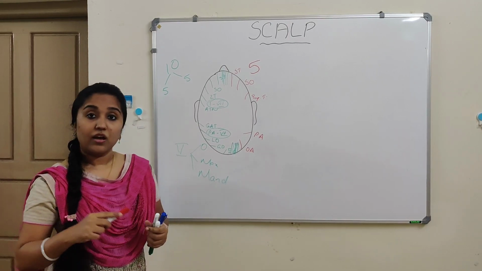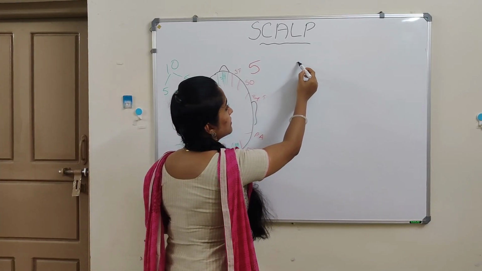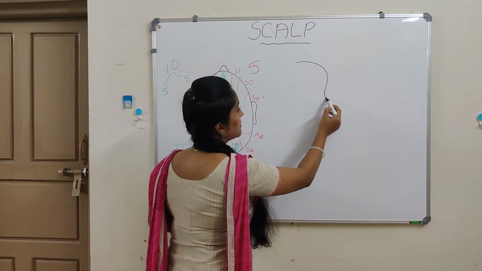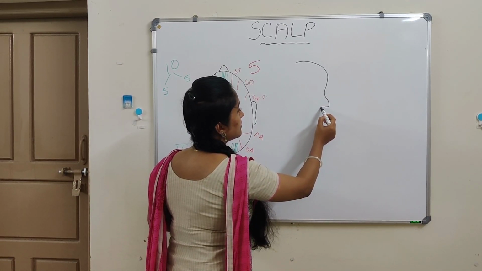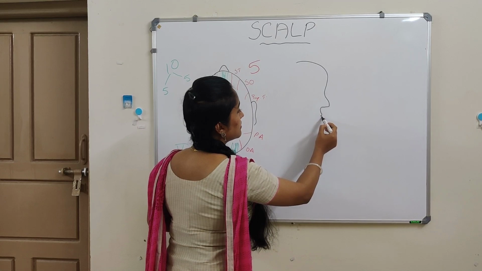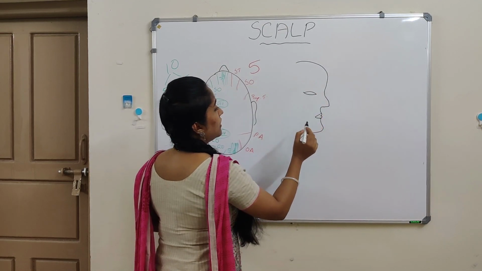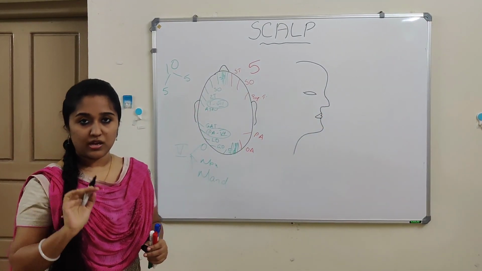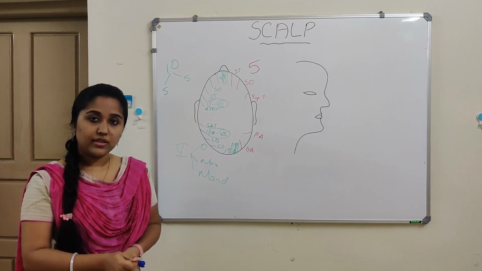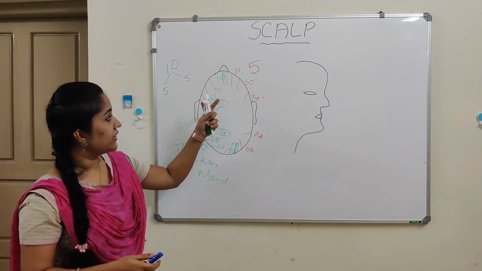Now next is the venous drainage. The veins correspond to the arteries. That means there are 5 sets of veins, similar to the 5 sets of arteries.